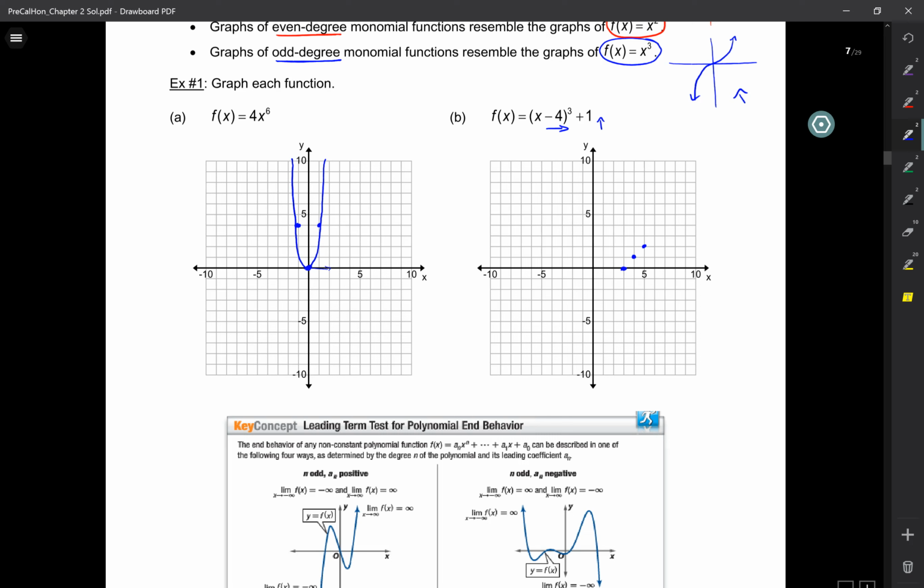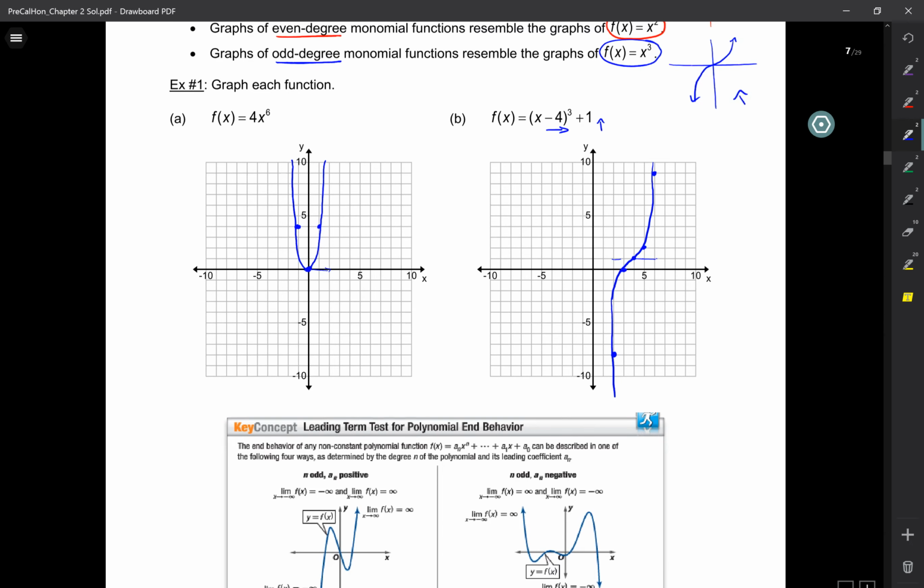If I go over 2 from the center, then I need to go up 2 cubed, so 8. So that'll go all the way to 9. And here, if I go over 2 this way, I have to go down all the way to -8. So this will look like that.